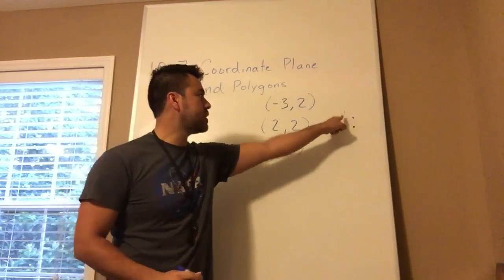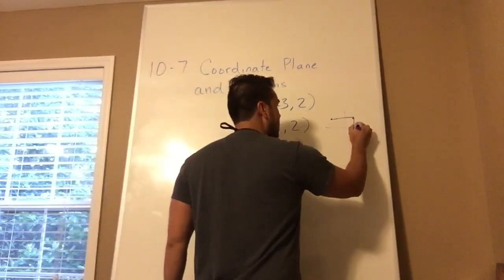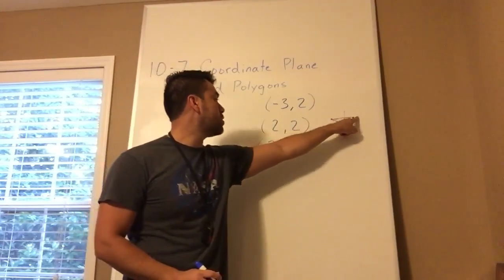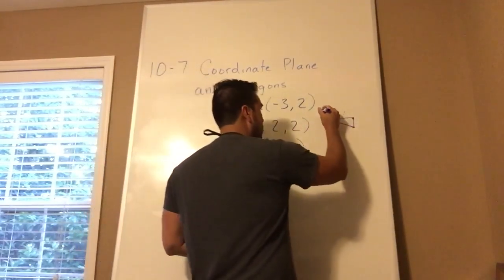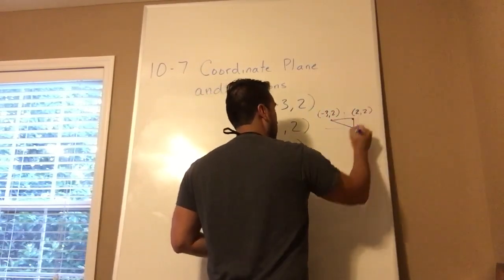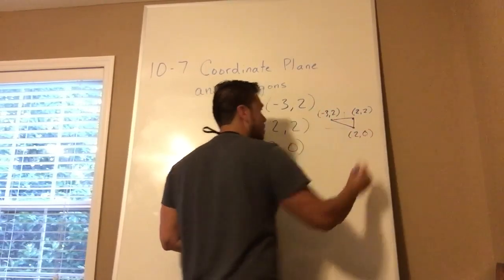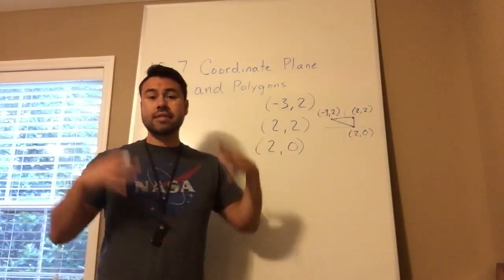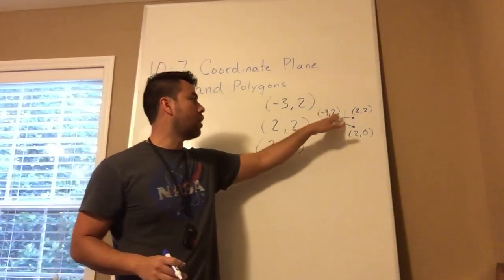So see those points right there? And that's going to give me my triangle. And if you need to redraw that for yourself, that's fine. Again, you don't have to actually put the tick marks. You're just sketching it out so you can get a visual of where these points go and what you're looking for.